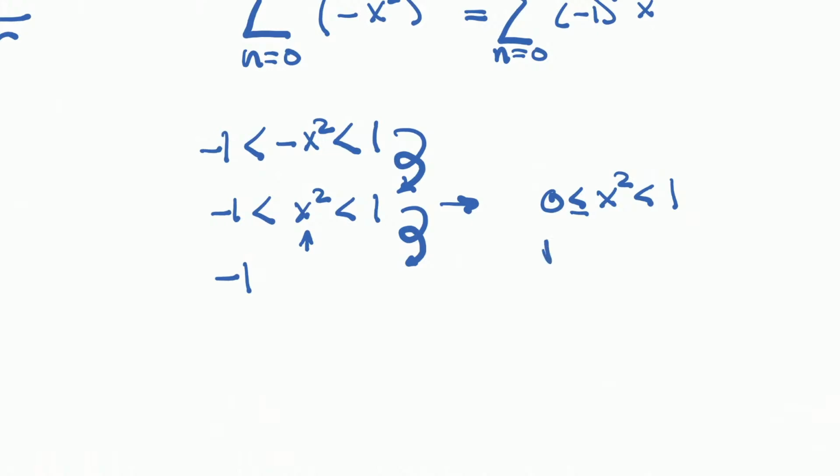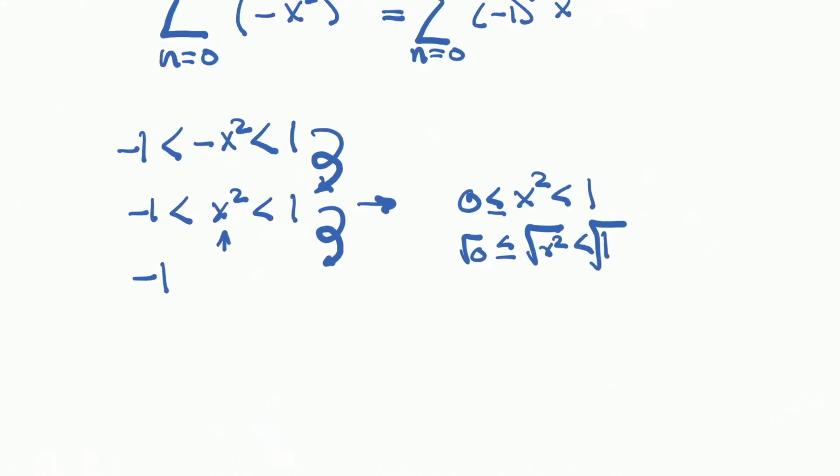You do the square root of 0 is less than or equal to the square root of x squared, which is less than the square root of 1. So technically all this next step that I'm about to do is actually 3, I guess. And then this is 0 is less than or equal to the absolute value of x is less than 1. And then that ends up being this. So negative 1 is less than x is less than 1.